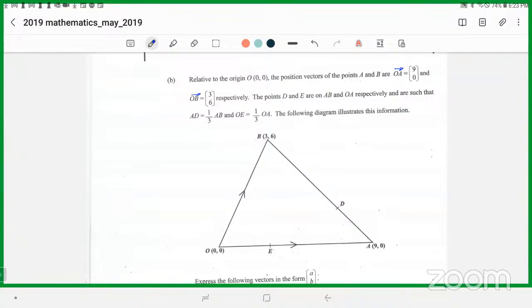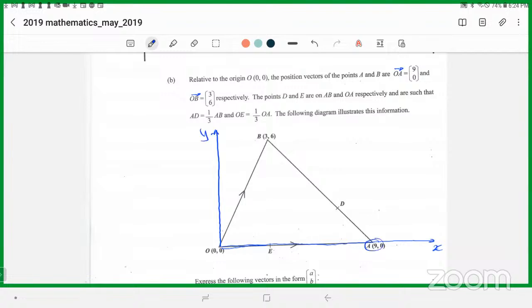So the position vector of A is 9, 0. That's right here. And the position vector of B is 3, 6. That's right here. So it's like this is graph paper, you know, guys. The y-axis is here, and the x-axis is here. So these are the coordinates.